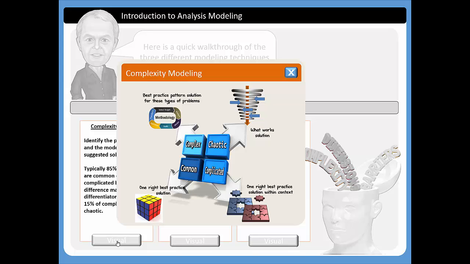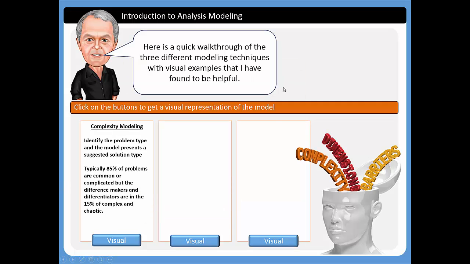You don't do what we see sometimes in congressional committees where they put together a massive solution for a problem that's really chaotic and has to be solved quickly, because it's going to change and you're going to need a different solution in either a short or long period of time. So that's the visual model for the complexity.